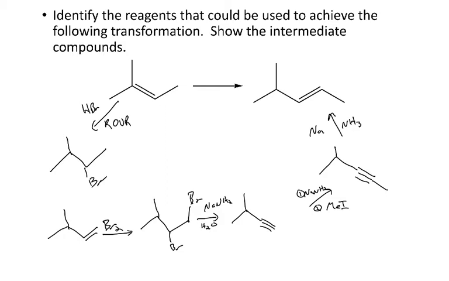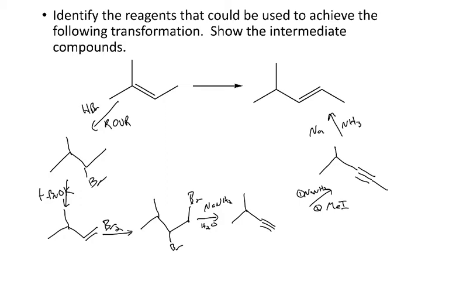And then to get from here to here, I want to do elimination, but I want to get the Hofmann product, not the Zaitsev product. And so I want to use a bulky base. If I use tert-butoxide, I think I can achieve that change.